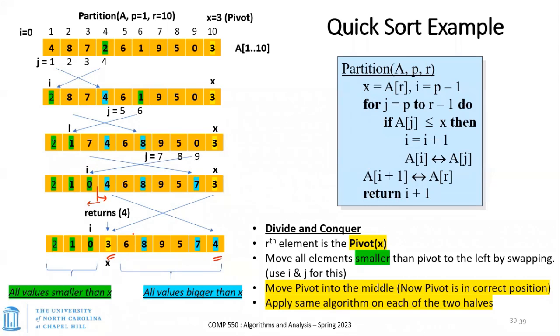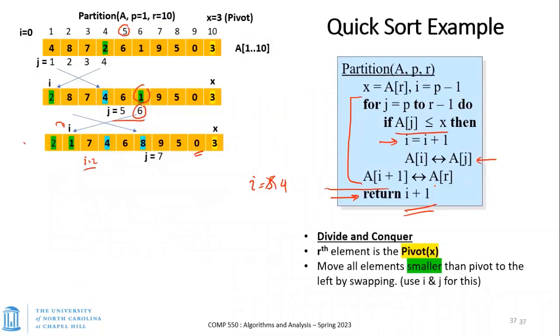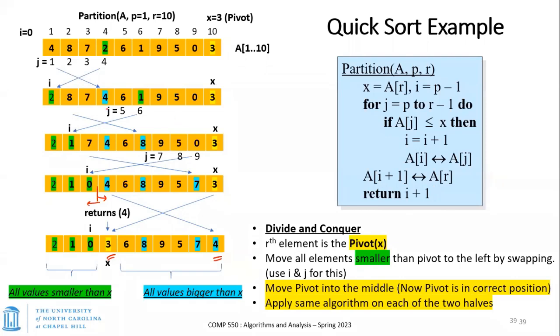As you remember, what we were trying to do earlier is put the pivot in the center, with all the elements less than or equal to the pivot value on the left side, and all the values on the right side larger than the pivot value. So you want to place the pivot value in the center. A neat way of doing it is that you go down till the end and take the value at location i plus 1, and simply swap the pivot with that.